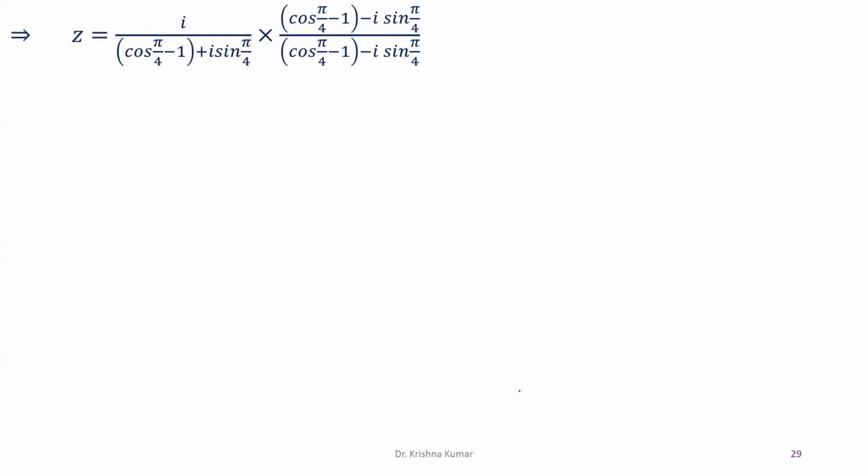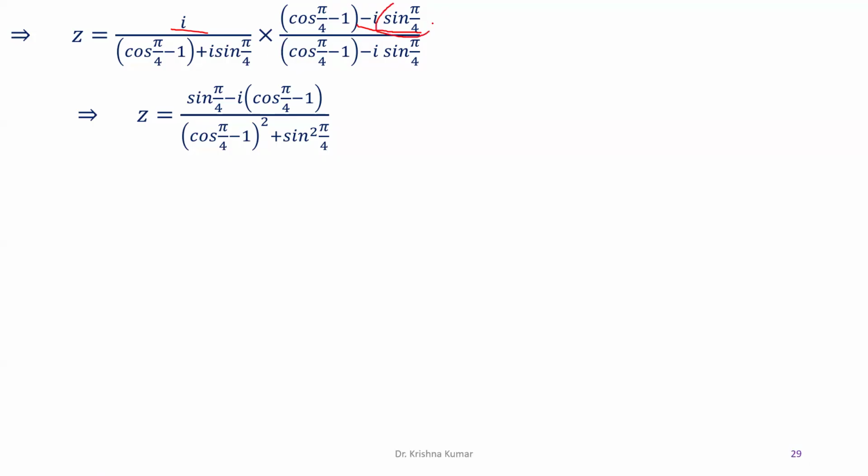Now let us multiply it. So z is equal to, we first multiply with i. So this i and minus i sin pi/4 will become minus i square, which is plus 1, since i square is minus 1.